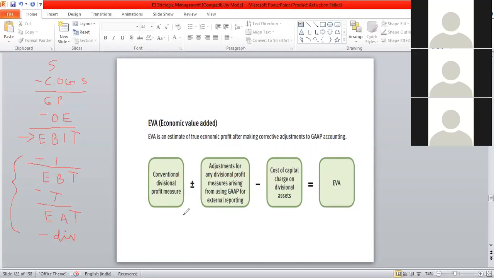But before looking at the cost of capital which has to be deducted, there are other things also which have to be considered. At this EBIT level, I said we have not elaborated here. From gross profit, there are operating expenses which are deducted.